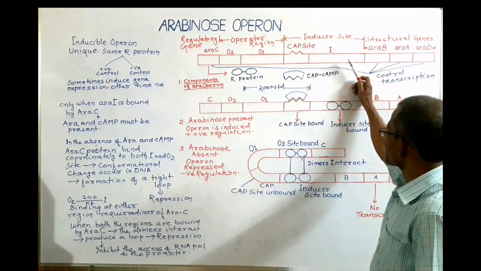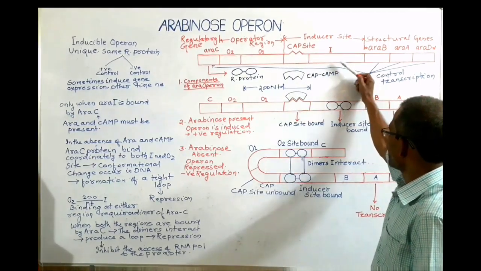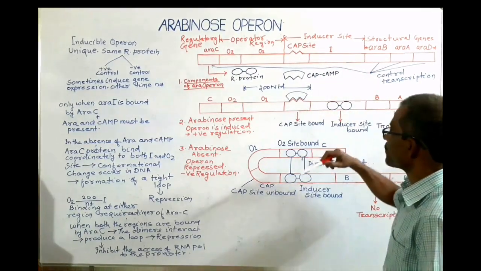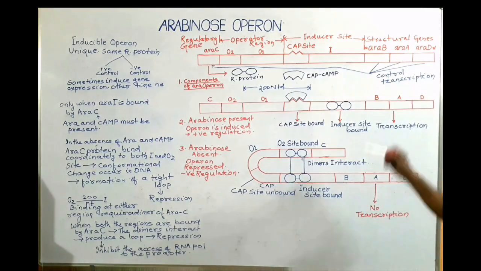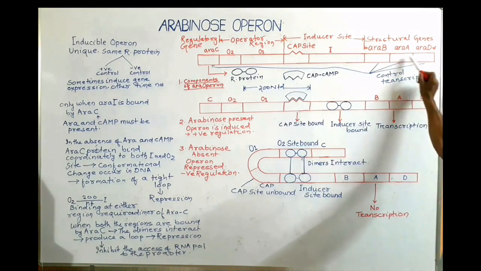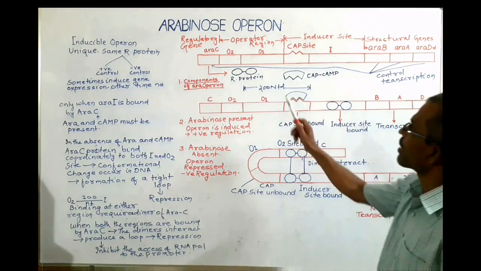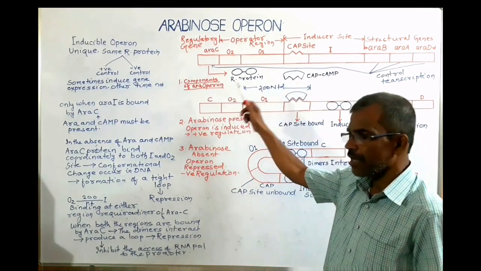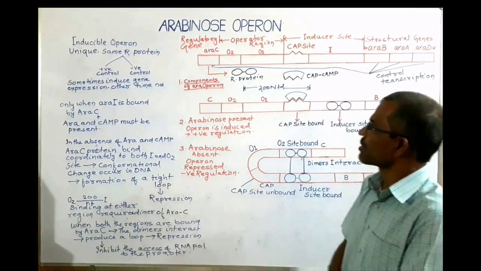The inducer site is composed of a cap site and the I site. Next, these are the three structural genes. The transcription of these three structural genes is controlled by the same regulatory protein. That regulatory protein is encoded by the gene araC.